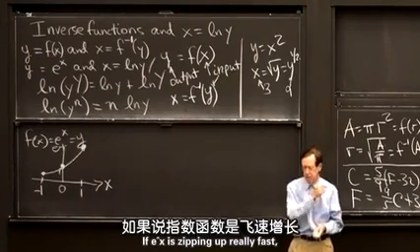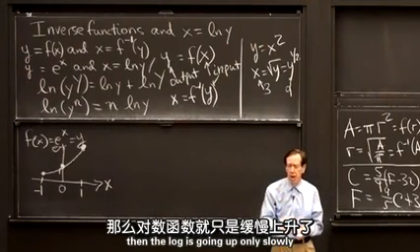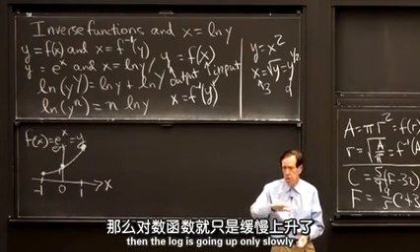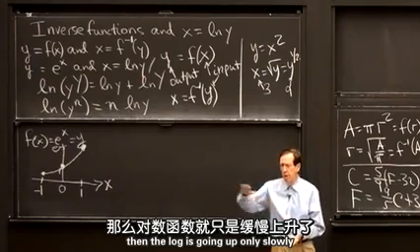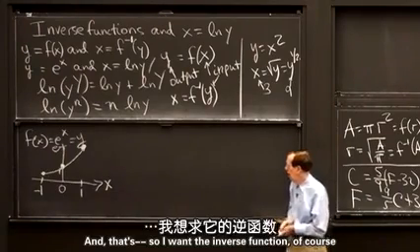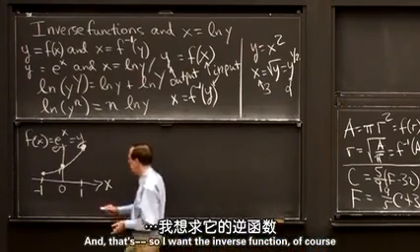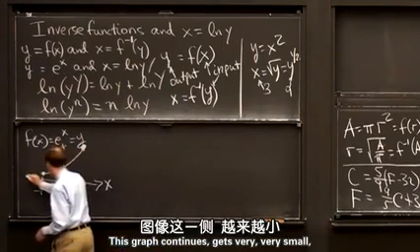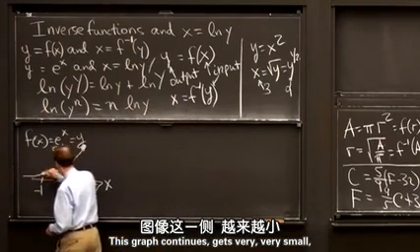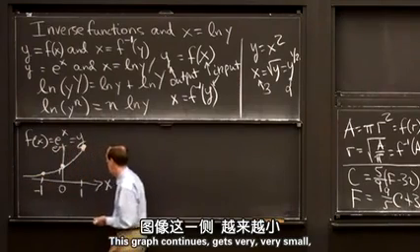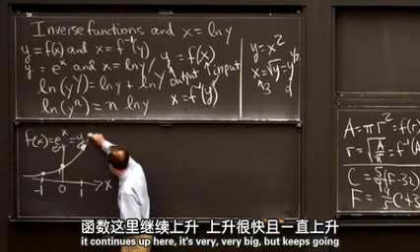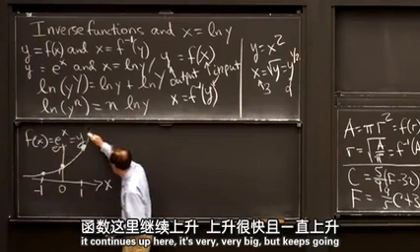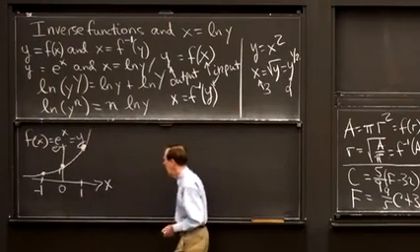If e to the x is zipping up real fast, then the log is going to go up only slowly. And so I want the inverse function. Of course, this graph continues, gets very, very small. It continues up here, gets very, very big, but keeps going.